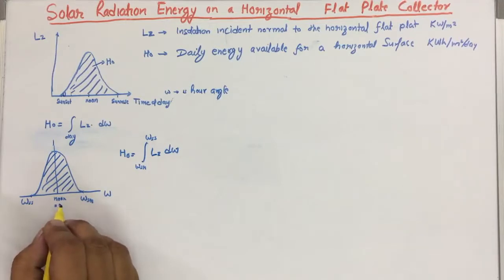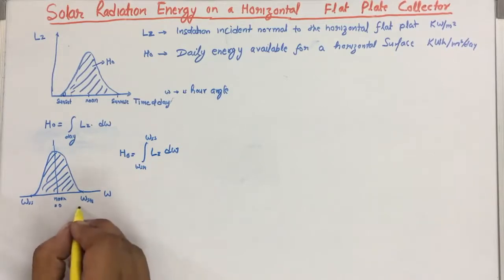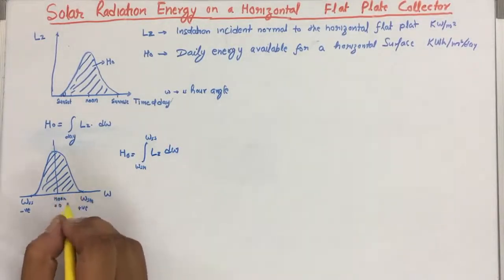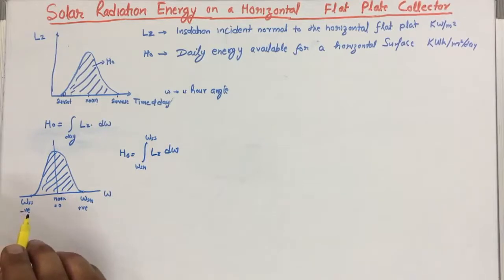This is the fundamental assumption: the noon is considered as 0, the sunrise side is considered as positive angle and the sunset side is negative angle. After a while we will draw the angle curve and explain the hour angle from there. For the time being, consider this positive and this negative.